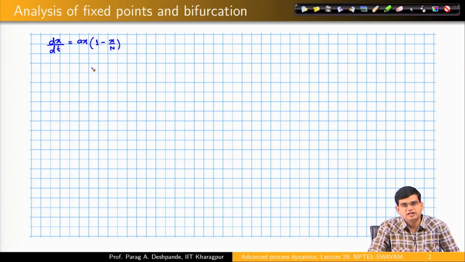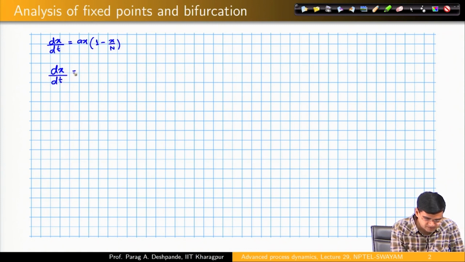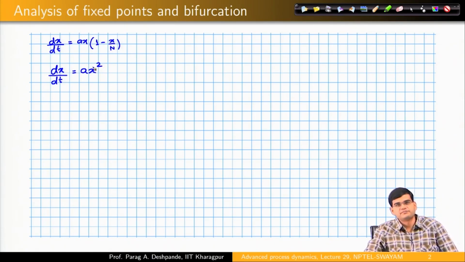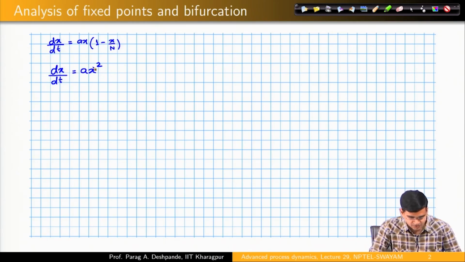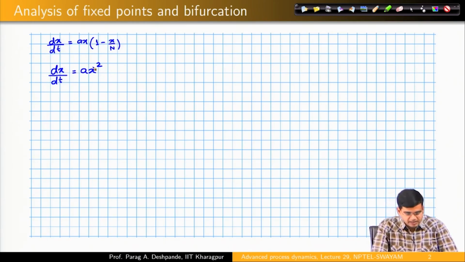Before we analyze this model, let us take a simpler model, which is dx by dt is equal to a x squared. Okay.